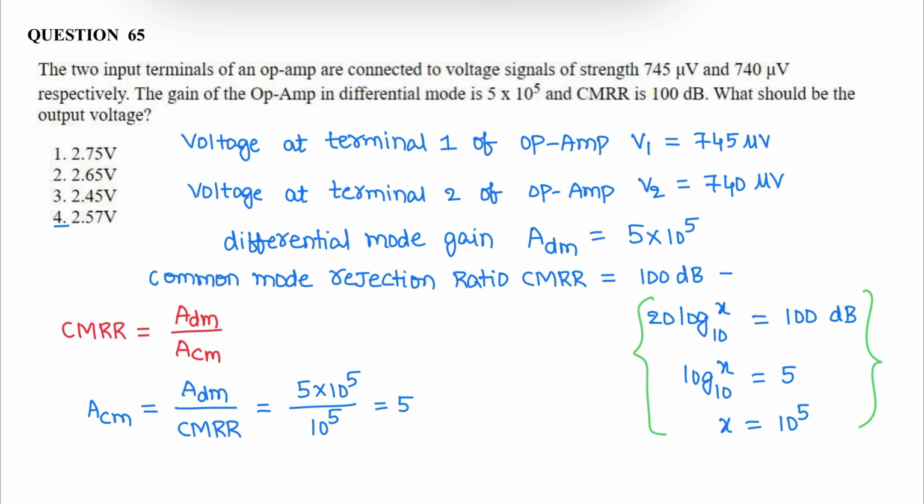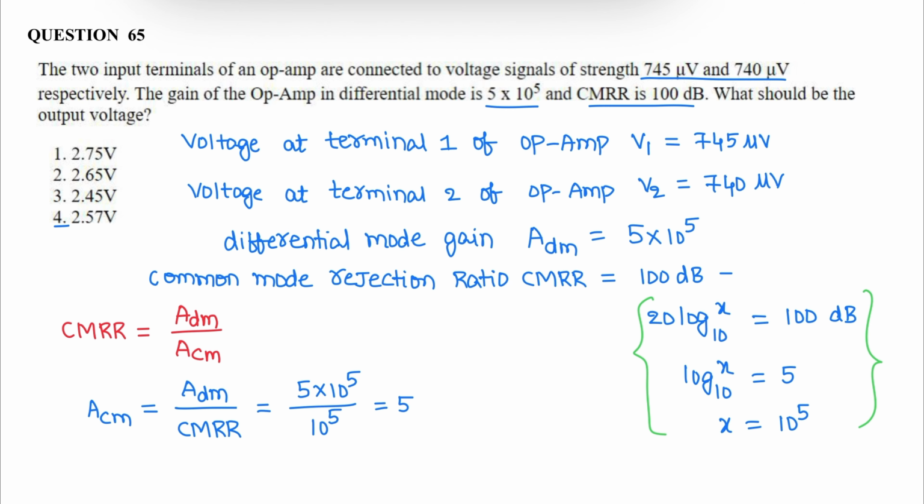Question number 65. The two input terminals of op amp are connected to voltage signals of strength 745 microvolts and 740 microvolts respectively. The gain of op amp in differential mode is 5 into 10 power 5 and CMRR is 100 dB.